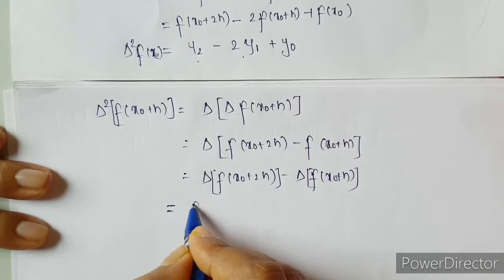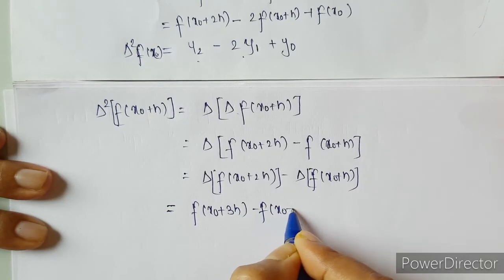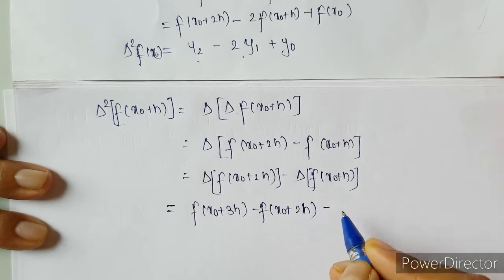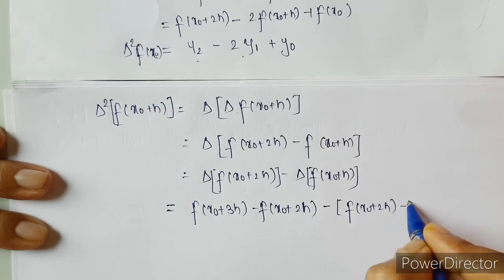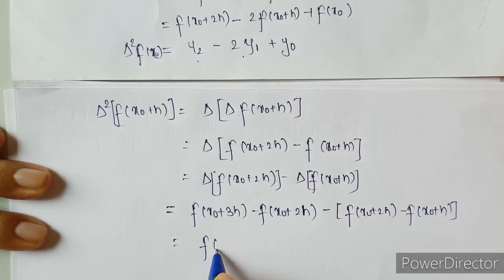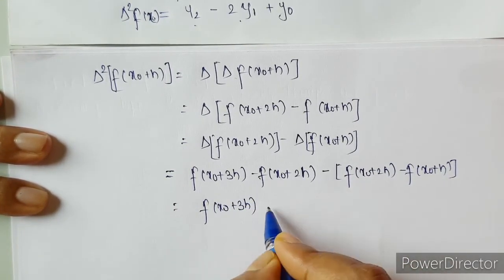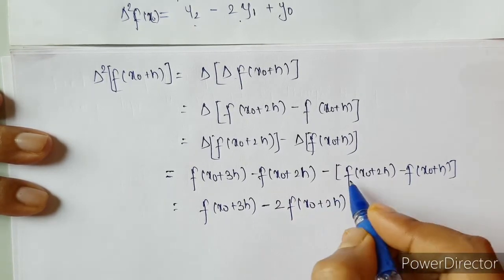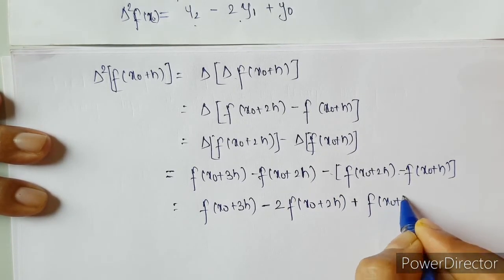This can be further simplified: f of x naught plus 3h minus f of x naught plus 2h minus f of x naught plus 2h plus f of x naught plus h. This minus minus, we can write this as 2 times f of x naught plus 2h, and this plus f of x naught plus h.